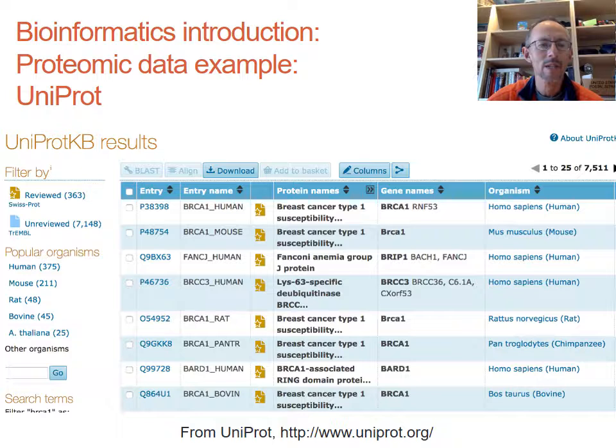So, for example, in this UniProt results page, we did the same search for BRCA1, and although this is a protein data resource, we see the gene name, but also the protein name, and there is a very close correspondence, in many cases a one-to-one correspondence.